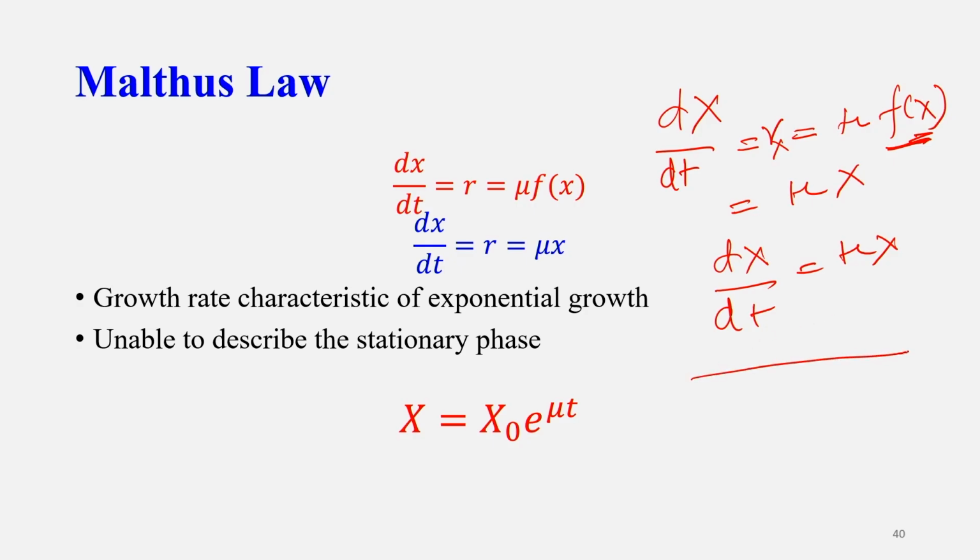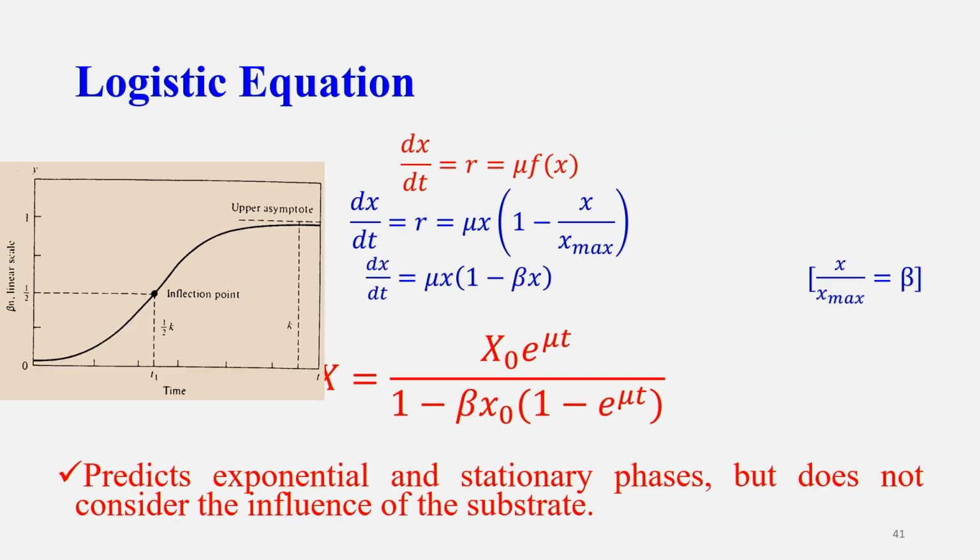This is a growth characteristic of an exponential phase, and this equation is unable to describe the stationary phase. This is a first order equation and it can be solved as x equals x naught e to the power mu into t.